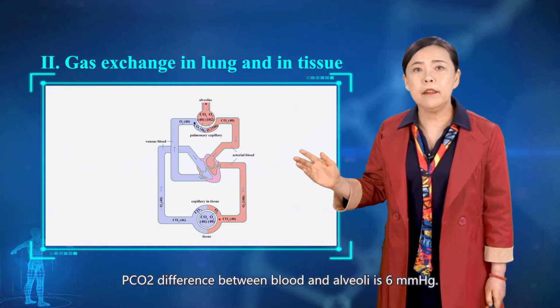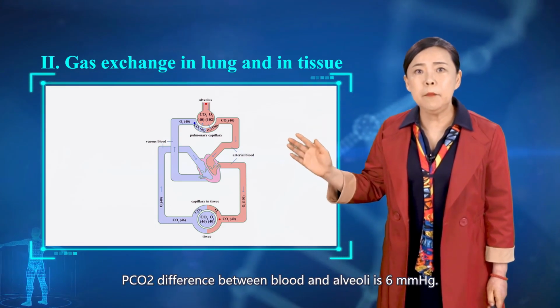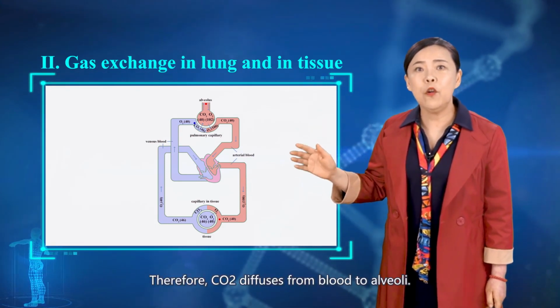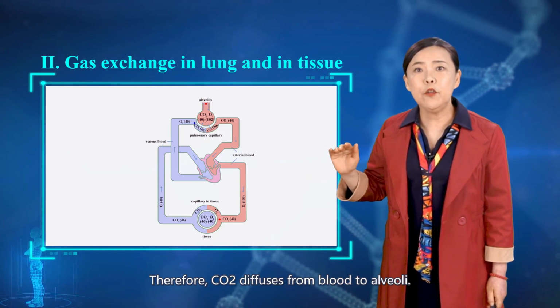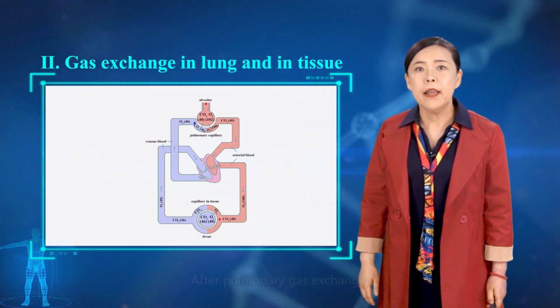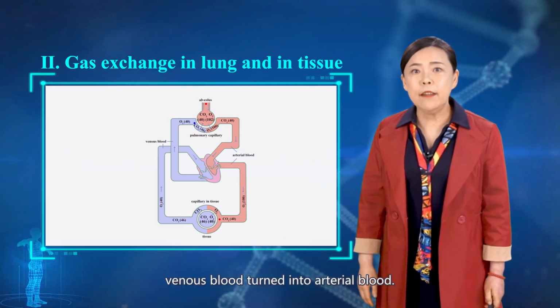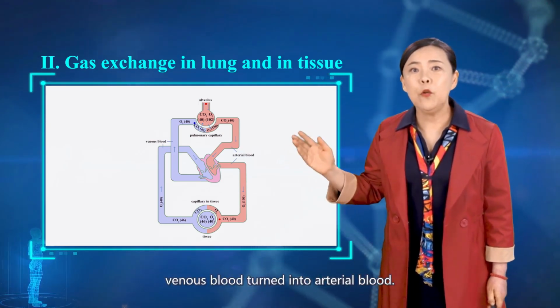The partial pressure difference of carbon dioxide is 6 millimeters of mercury. Therefore, carbon dioxide diffuses from the blood to the alveoli. After pulmonary gas exchange, venous blood turns into arterial blood.